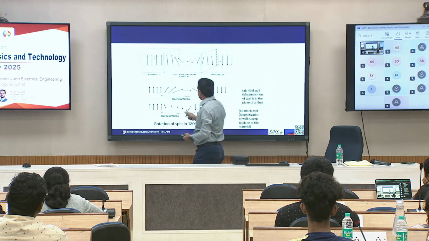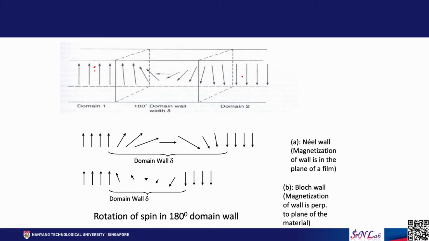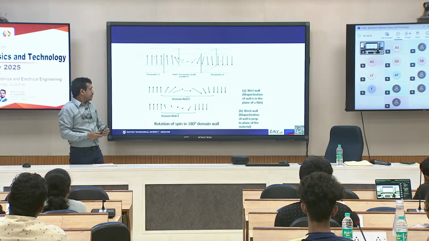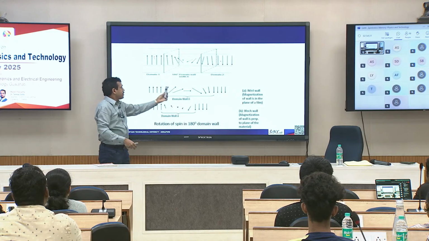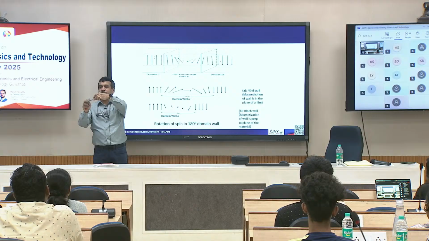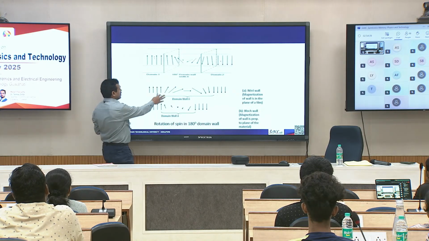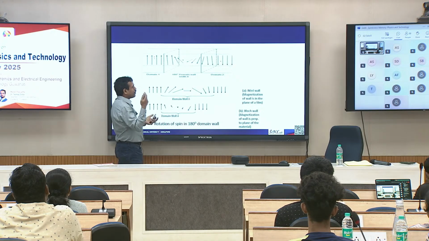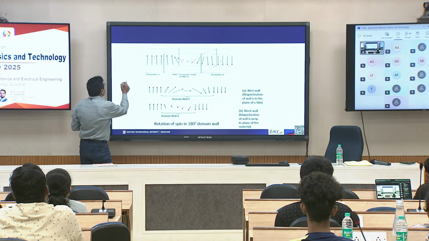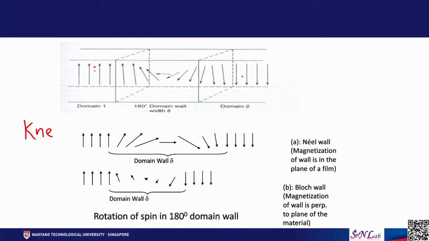Okay. So, how do you remember? When I was young, I always had difficulty remembering which one is the Néel wall and which one is the Bloch wall. In the case of the Bloch wall, the magnetization goes this way, comes towards you, then goes back down like this. Whereas in the case of the Néel wall, it just goes this way and this. I always had difficulty remembering, then I came up with a mnemonic.